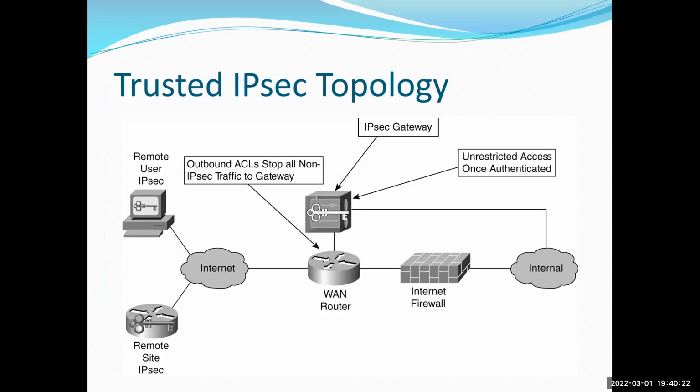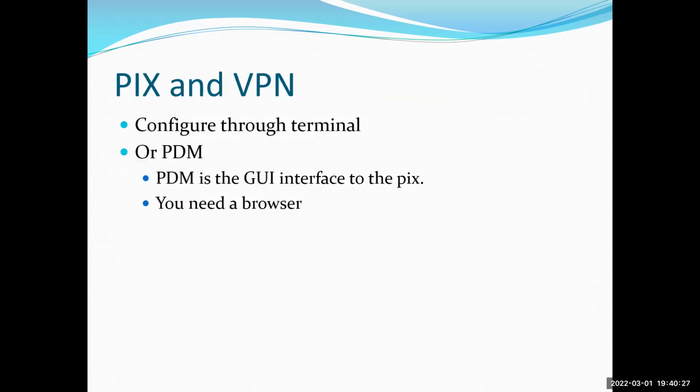Let's skip that. The last thing I want to point out, as I've said many times, is that with the ASA or the PIX, with the firewall and VPN, you could configure through the terminal or PDM or ASDM, whatever it's called now. But it's the GUI interface, so you need a browser.